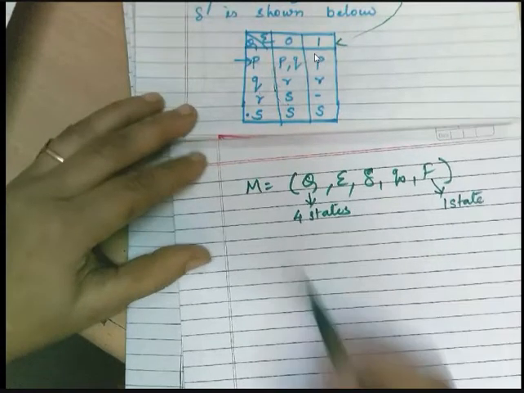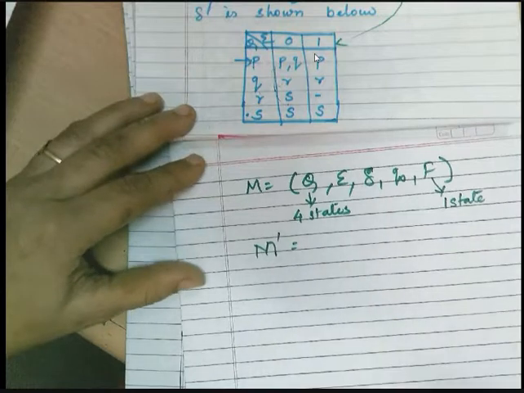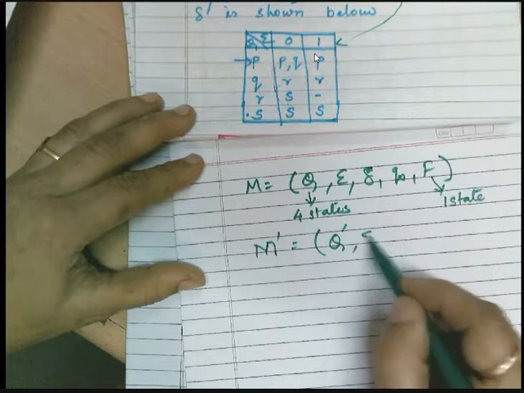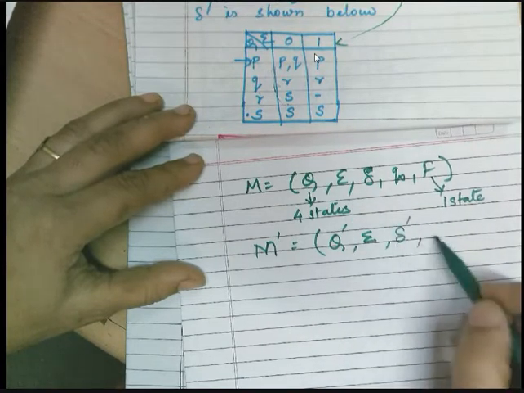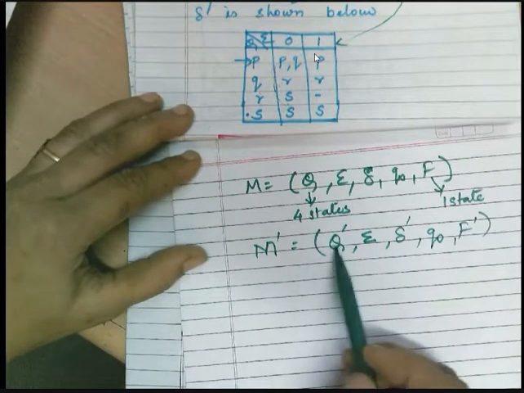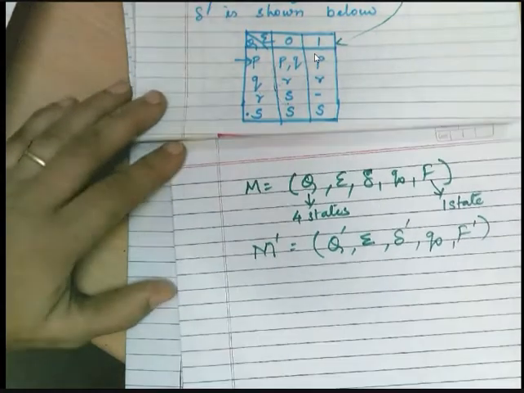Now we want to convert this to an equivalent DFA. So yesterday we have discussed where the change will be. There will be change in Q, delta and F. So if we are able to find these three things, then we will say that we have converted the given NFA to DFA, right?